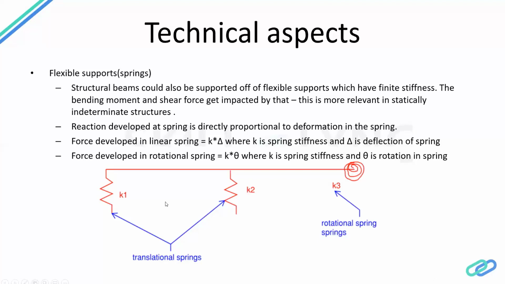So what K1, K2, K3 mean is, K1 means if you apply unit translational deformation in this spring, it would produce a force of K1. Similarly, here, if you apply a translational deformation in the spring, you would come up with a force of K2. And here, if you apply a unit rotation in this spring, you would develop a moment reaction, which is K3. So that's what these different spring stiffnesses mean.